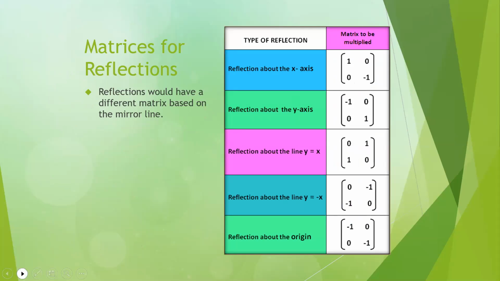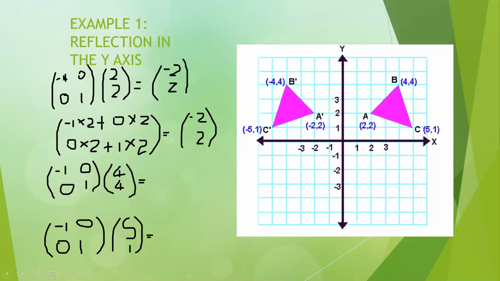I use that same matrix here, and I put it first, meaning that I'm pre-multiplying. I put the matrix first for the reflection, and thereafter I put the point. Now notice I didn't write the point next to each other like this. I put it in as a column matrix so that we can easily multiply it as we would with matrices.